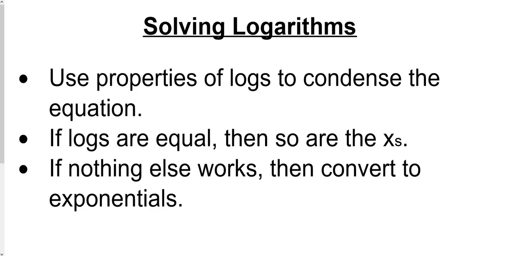So let's do some solving of logarithms. Here, since there's only one log, this is not going to be the one where I was talking about a moment ago, where if you have two logs that are equal, you could set the x parts equal to each other. In this case, there's no condensing because there's no adding or subtracting, and there's not a number in front of your log. So the easiest thing to do is convert it back into exponents.